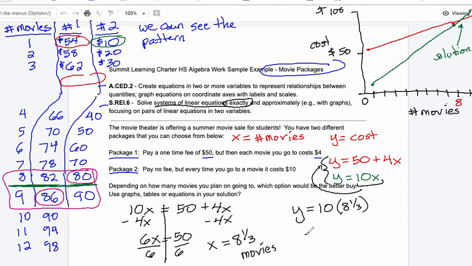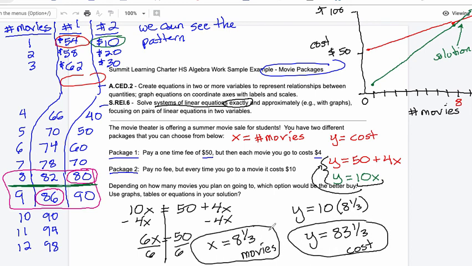So again, not an exact value, but that would be the cost. So there's the cost if I go to this many movies, and that's when the cost is the same for both packages. So that's my solution.